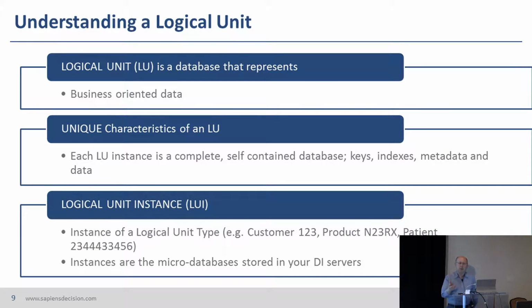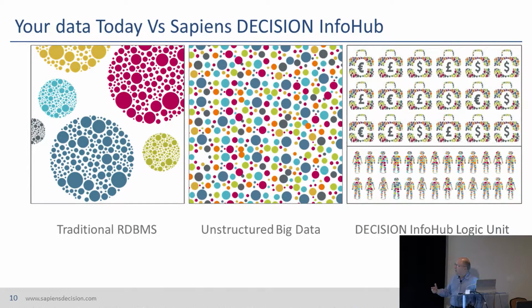So a logical unit is the critical factor to understand. So what is a logical unit? It's the business-oriented data. It is a unit of data, and each logical unit is an instance, a self-contained database, a micro-database, the keys, the indexes, everything together. So in the traditional RDBMS structure, we had all these different applications with their different databases.